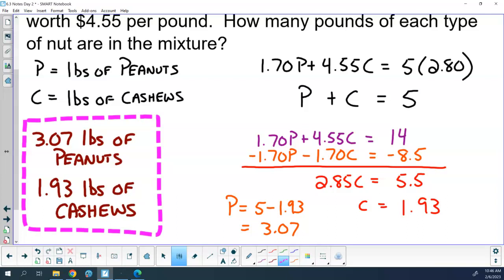So then you should have gotten 4.55 times 5 would be 22.75 minus 4.55c. Oh. Okay. Good?